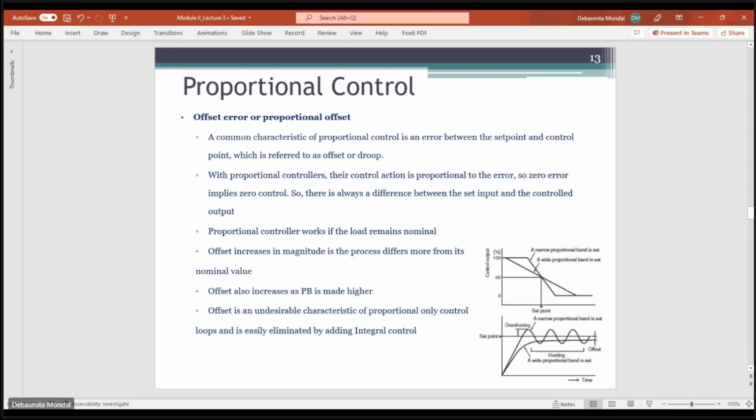As you can understand, this offset error is an undesirable characteristic of a proportional control. Obviously, if your system cannot accept any kind of offset error, then using only proportional control is not going to help. You have to use something else in combination with this so that you can reduce this offset error.